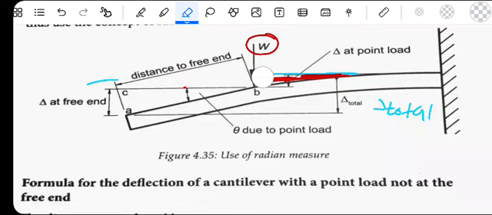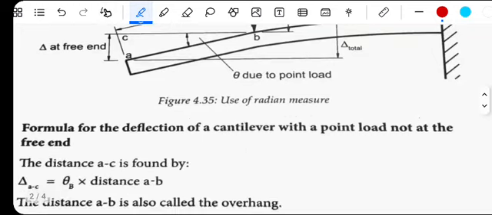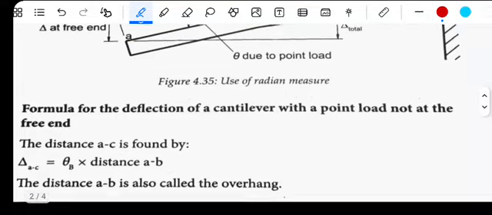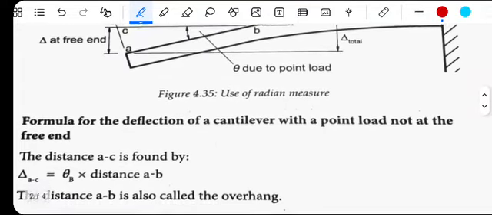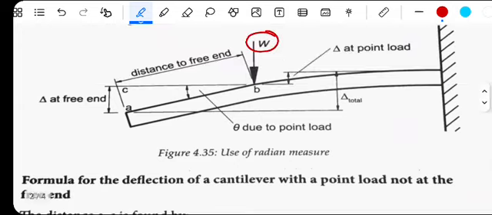We call that additional bending. Okay, how do we go about determining this additional bending? The additional bending will be calculated by this. All of this now will be additional bending.